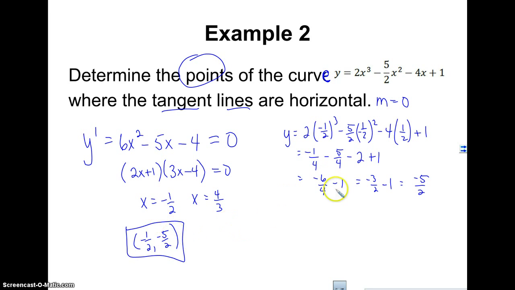So that's one of the points. For our other point, we're going to plug in 4/3, times 4/3 minus 4 times 4/3.